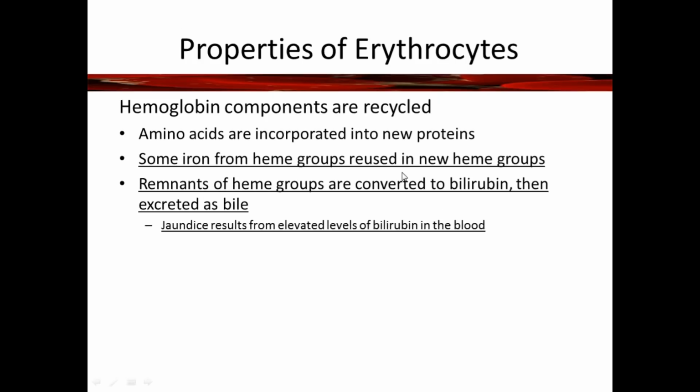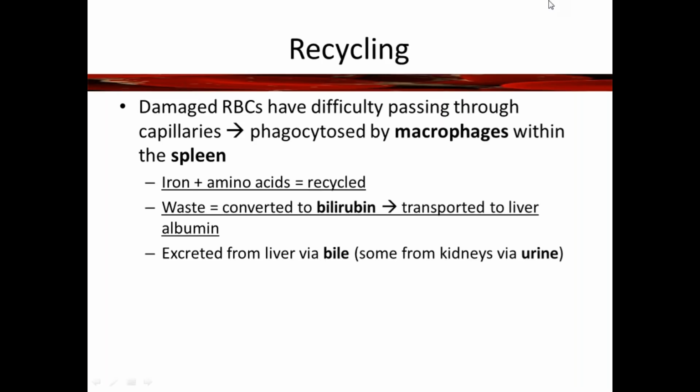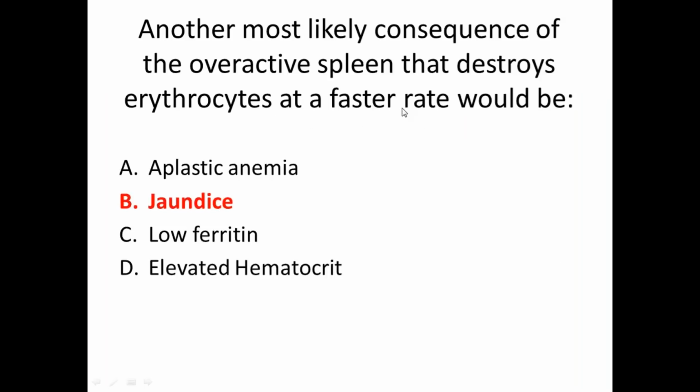But the heme, we have to get rid of. The heme component becomes bilirubin, and if you can't get rid of the bilirubin at a fast enough rate, it'll turn to jaundice. So if you have somebody who has a spleen that is destroying things very quickly, then the other organs like the liver and the kidney may not be able to keep up with clearing the bilirubin. And for a while, the person may appear yellow until they clear it.